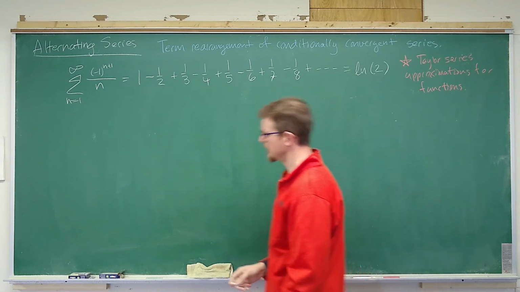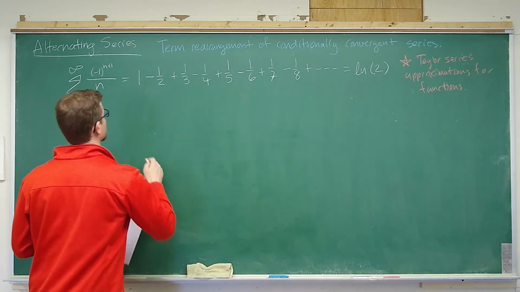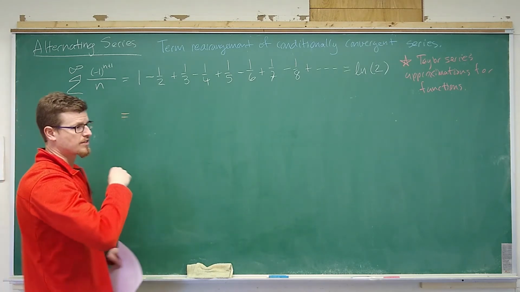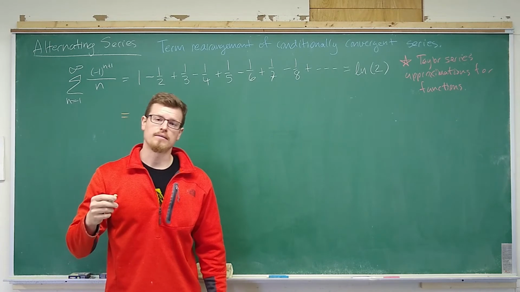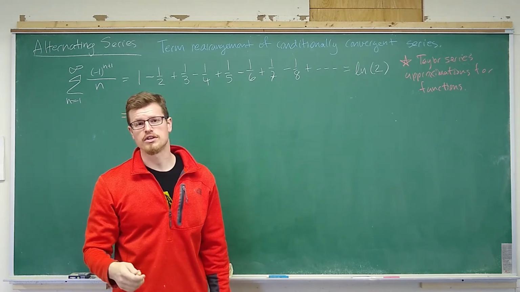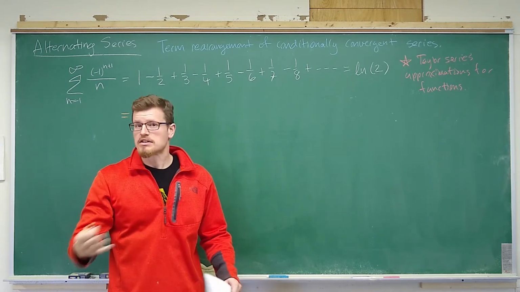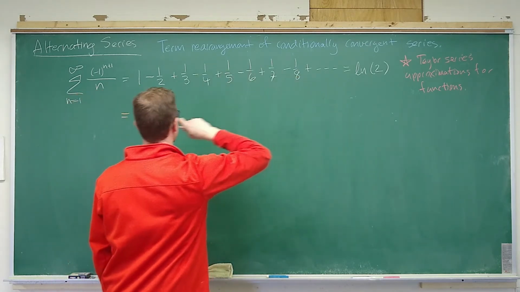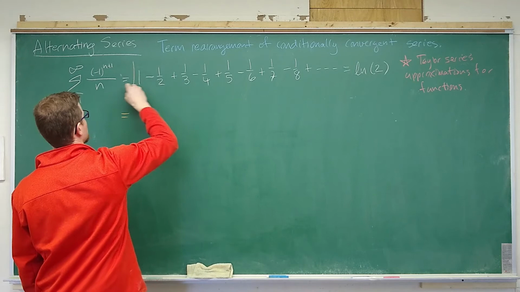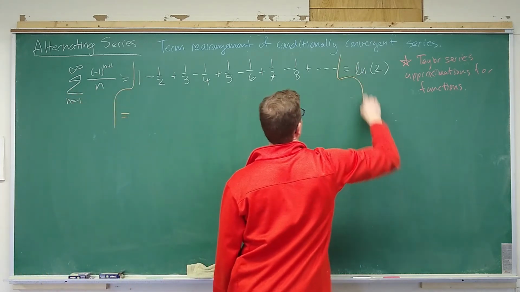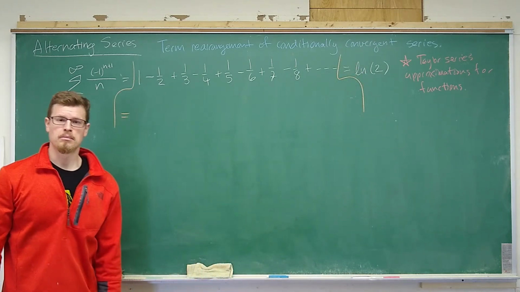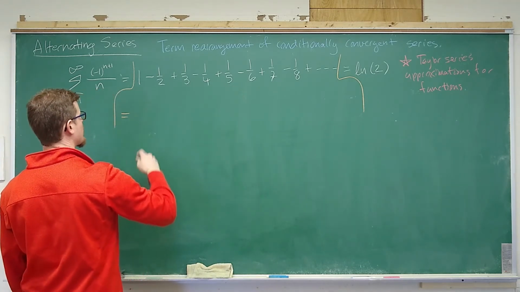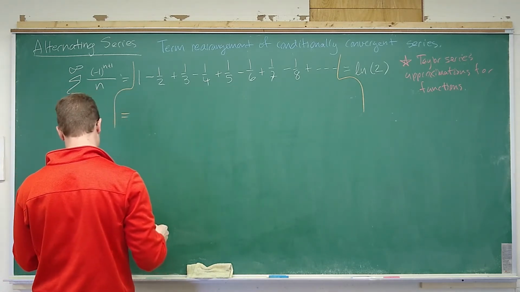All right. What I'd like to do is rearrange my terms. And because this is a series that is conditionally convergent, we're going to have something essentially bad happen. So this is equal to the natural log of 2. Now, if I just consider my series here, my terms, I can rearrange them in the following way.